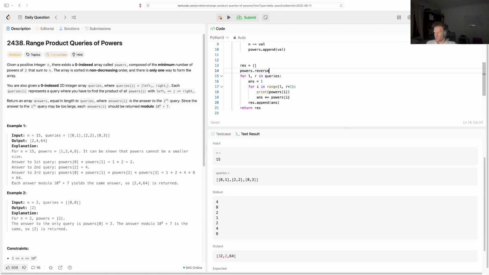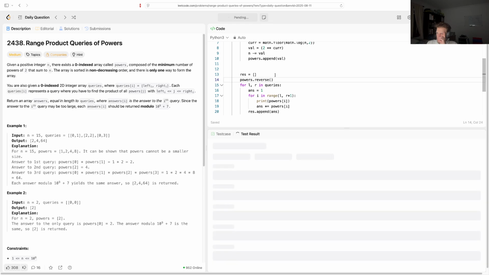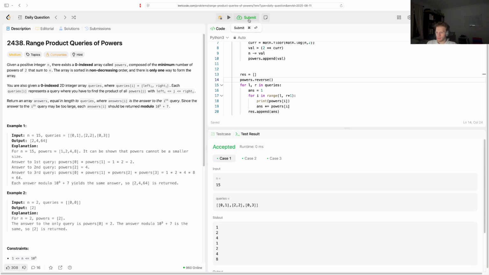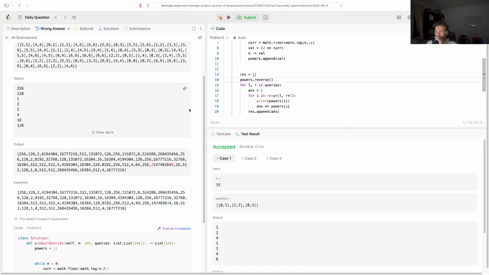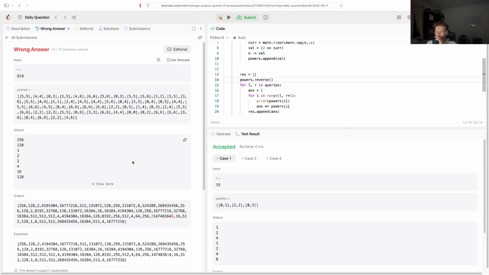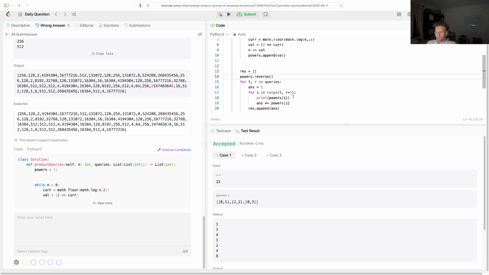Powers dot reverse. Is that right? I don't even know if it's powers dot reverse. Yeah, it was powers dot reverse. All right, submit. Look at that, one answer was wrong.